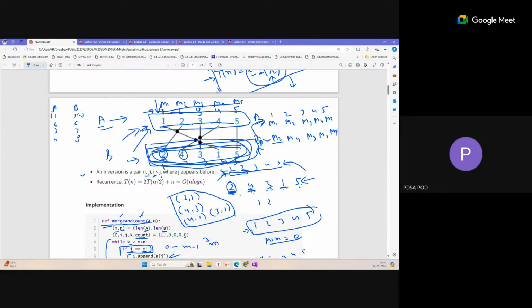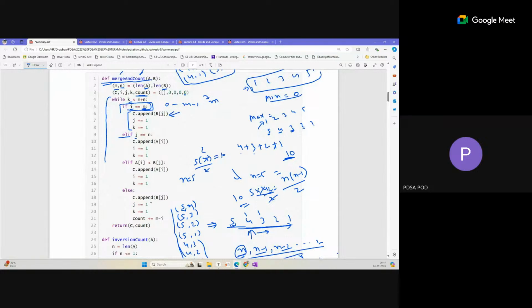Now we see that I is smaller, so 1 will move to the final list. Now I will increment. Now 2 is smaller than 5, so 2 will move. Then 3 will move here, and then I will move to 4. Now 4 will move here. Now I will move one more. So this is the length of the list, which means all elements of A are completed. Now anything remaining in B, we will directly move here in the same order, 5, 6, 7, 8.